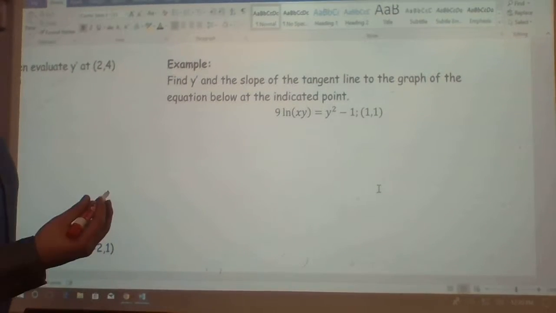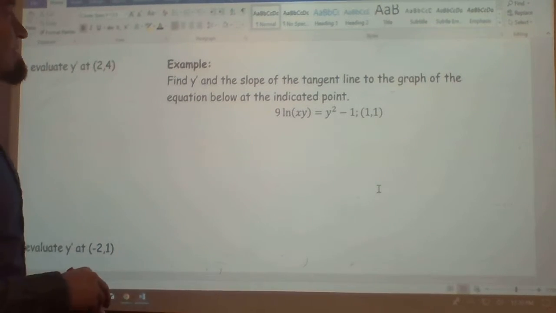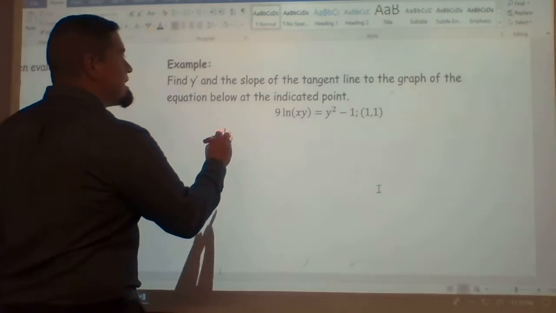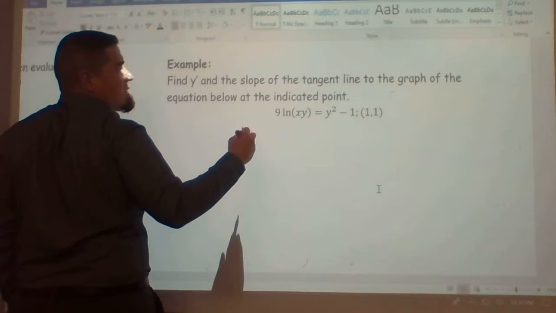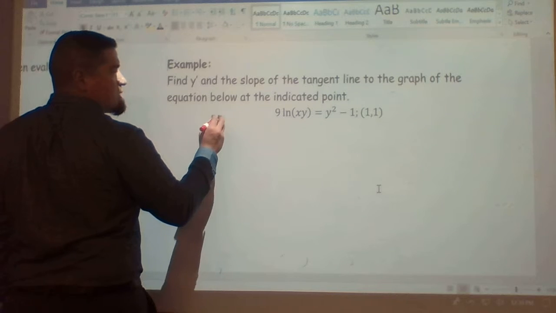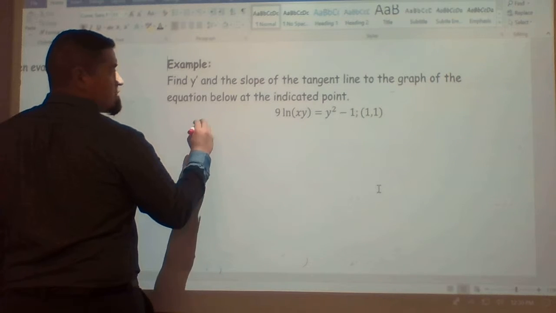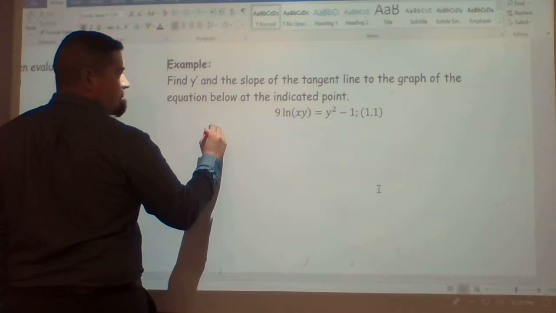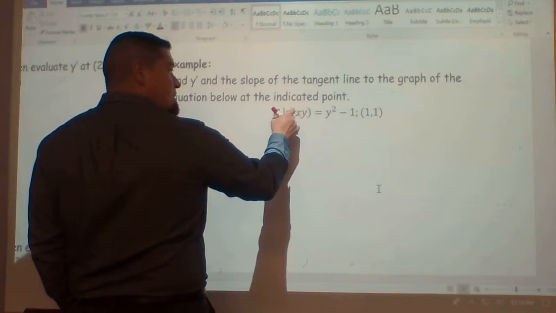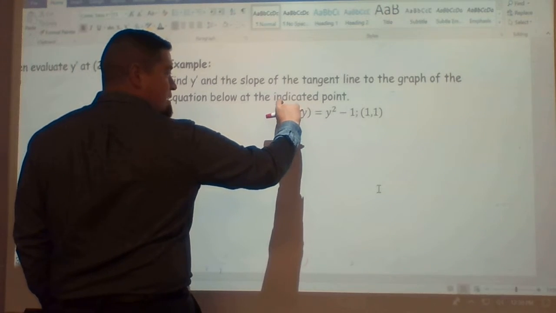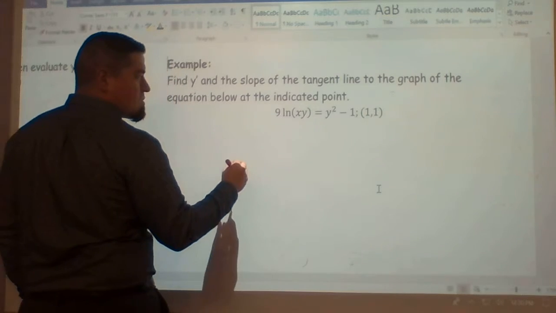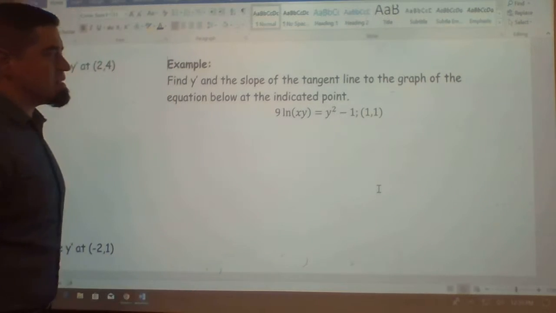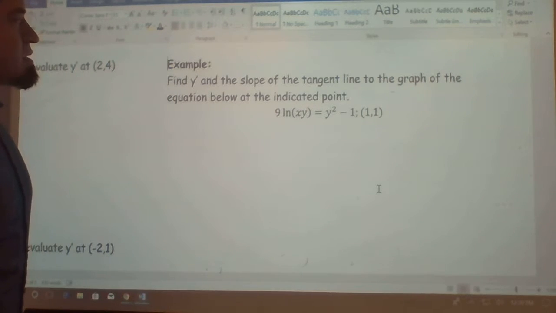Okay, so this one is a little bit more straightforward. The last one, I'll admit, was a ton of steps. But here we'll do just the differentiation. However, there is a product rule within a natural log, so we'll have to do this using what we did in the previous section, and also the product rule.